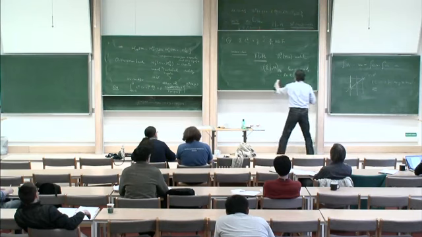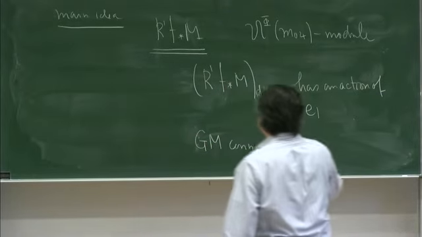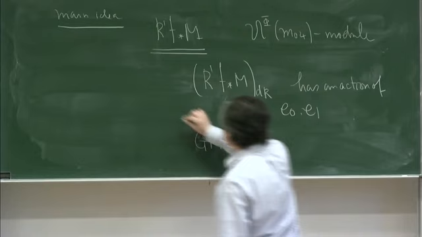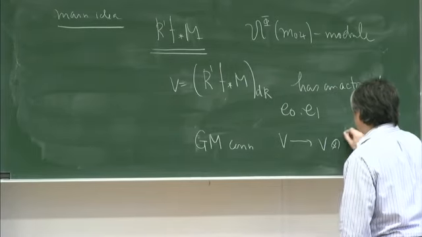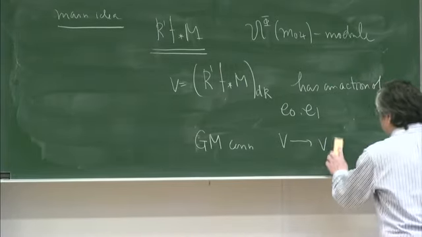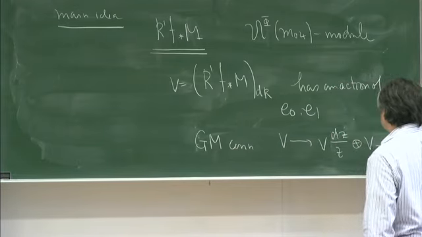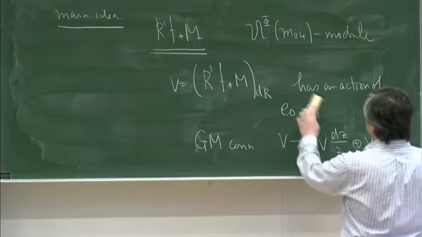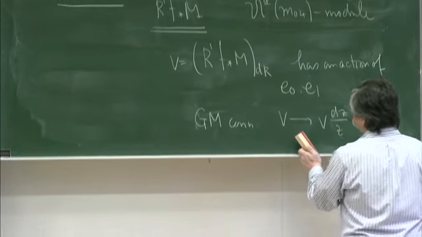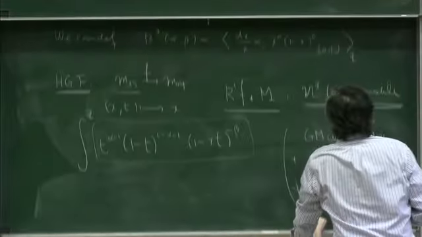And the Gauss-Manin connection is given by this space B to B tensor Omega, and this action of E0 and E1 gives a map.